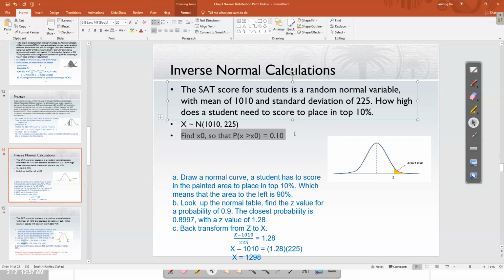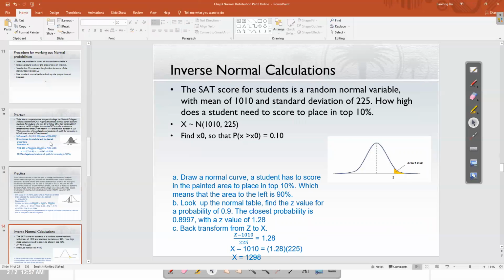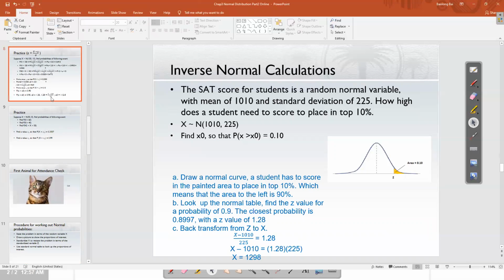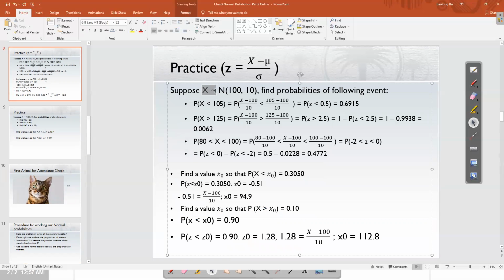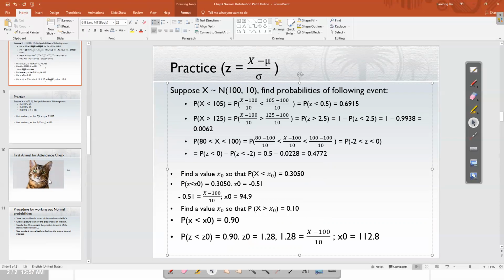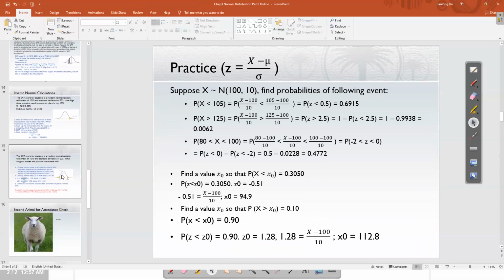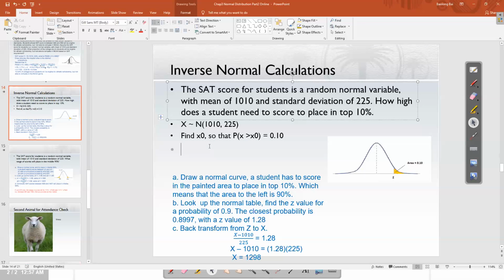So when you look at this, it will be the same as what we just practiced over here, right? You're given a normal distribution and they're looking for a point to cut off the top 10%, right?